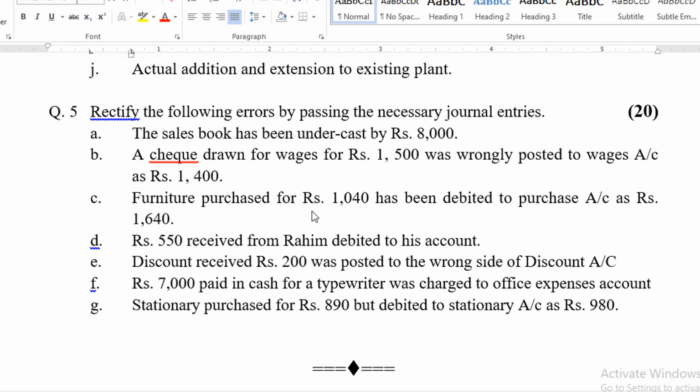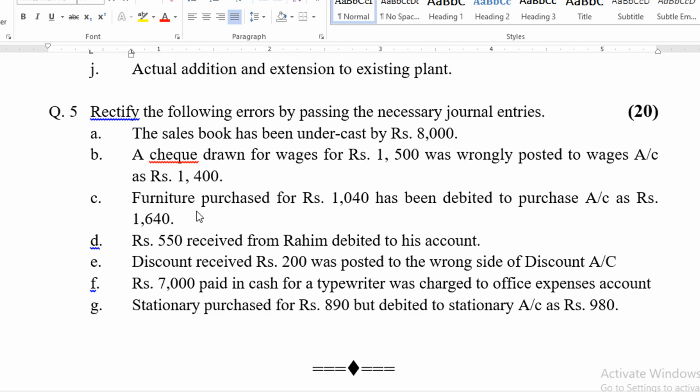Furniture purchase for rupees 1,040 has been debited to purchase account as rupees 1,640. So look at this transaction and let's analyze it. There are three accounts involved in this transaction. Two accounts are directly involved, which have been introduced in the solution.